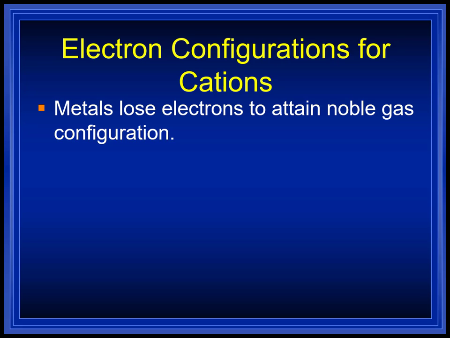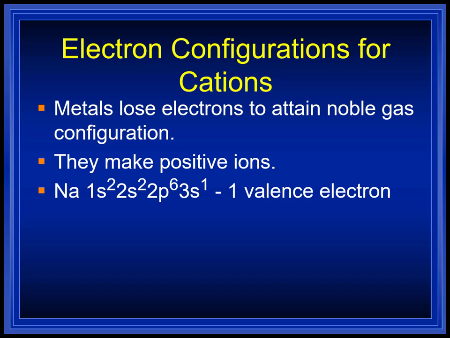So metals are losers. They lose electrons. They always make positive ions. Because if I lose electrons, I have the same number of positive pieces, but now fewer negative pieces. So for sodium, I would start off with 11 positive and 11 negatives.